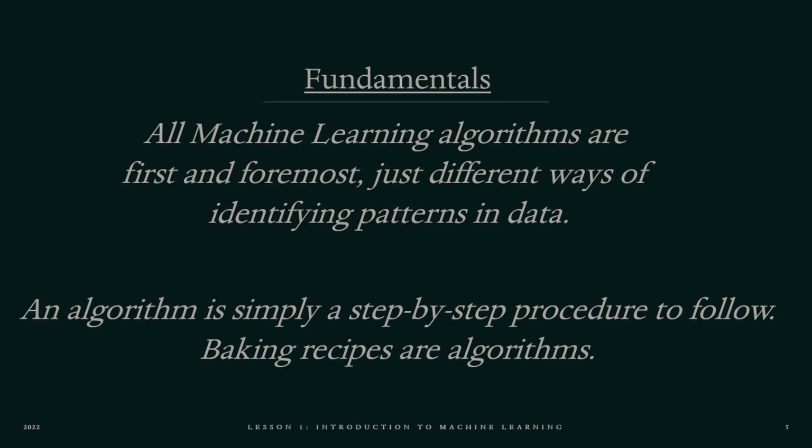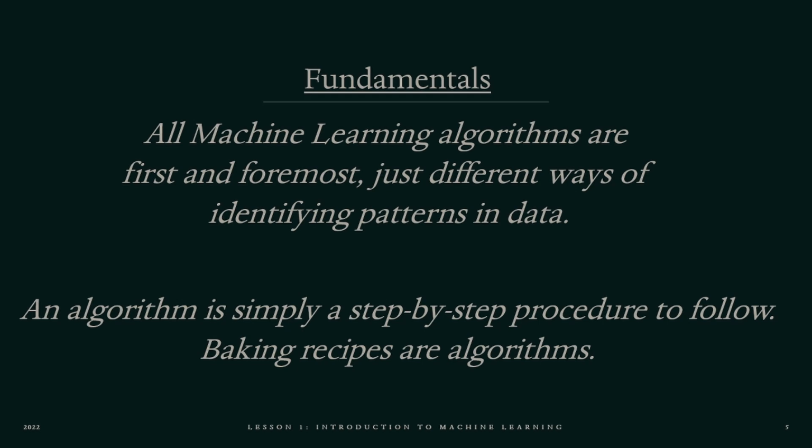To explain what I actually mean by an algorithm, because when I was learning this, I didn't really know what the word algorithm meant, which looking back on it is absolutely silly. I don't know why no one could explain this to me more easily. But the fundamentals of machine learning is that, first and foremost, a machine learning algorithm is just different ways of identifying patterns in data. That sentence might be confusing because of the word algorithm, so let me explain.